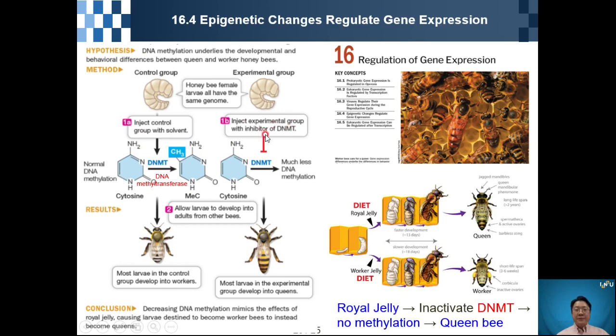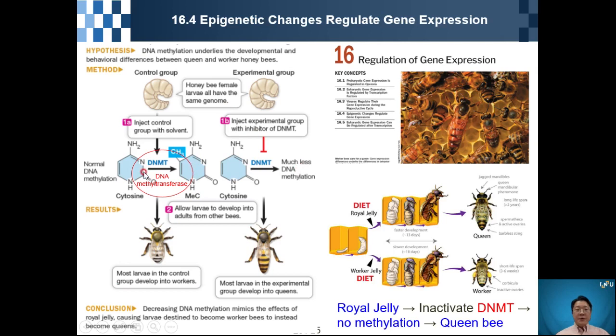inhibitor. So what is DNMT? DNMT's full name is DNA methyltransferase. This is cytosine. DNMT adds a methyl group, so it methylates the cytosine. However, if we inject the DNMT inhibitor, there is no methylation.